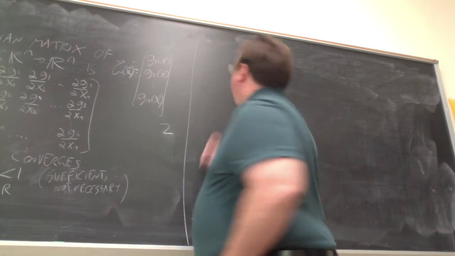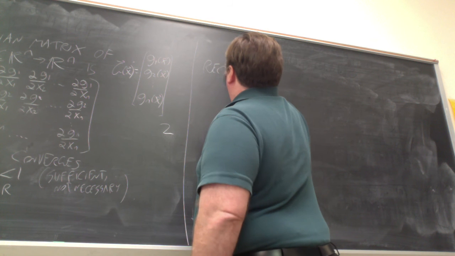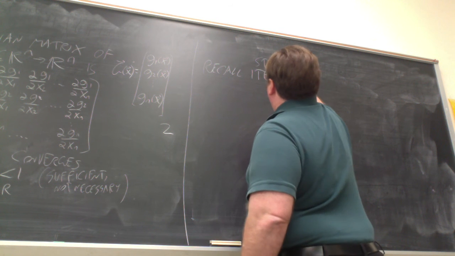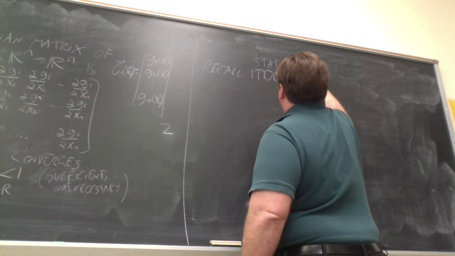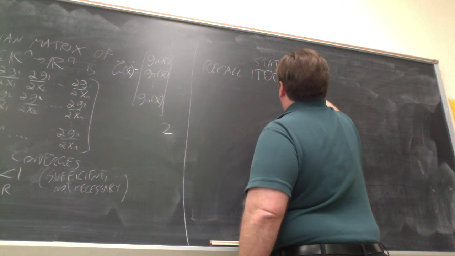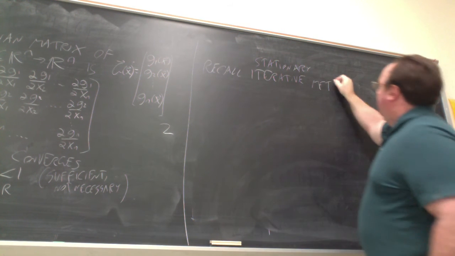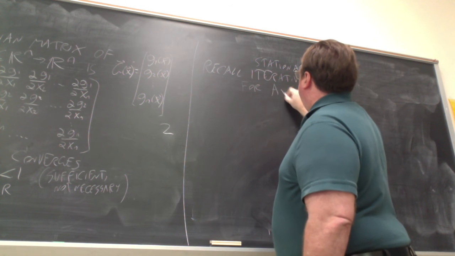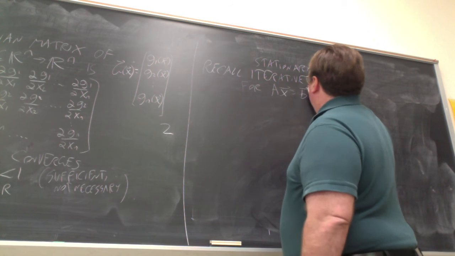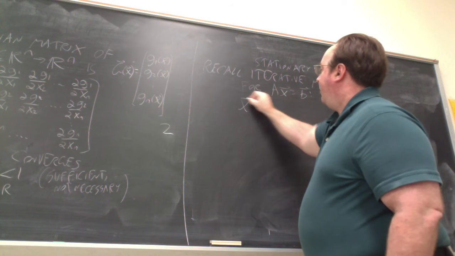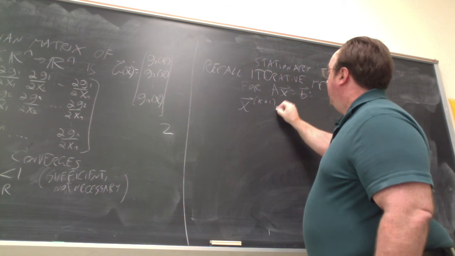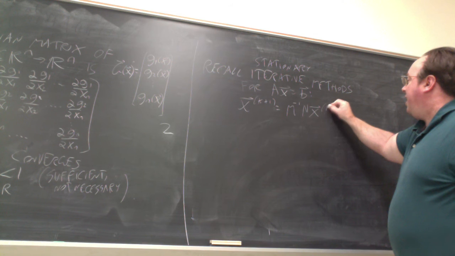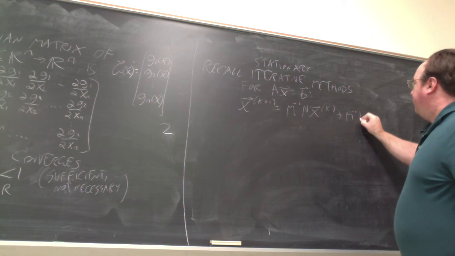Okay. So these are stationary iterative methods. Actually, I never really talked about the non-stationary ones. For Ax equals b, they can be written this way: x_{k+1} equals M inverse N x_k plus M inverse b.